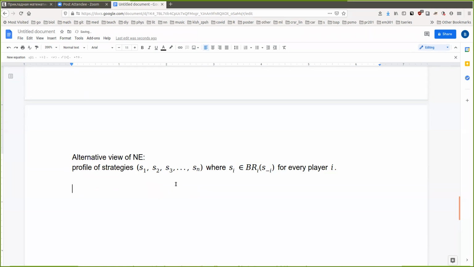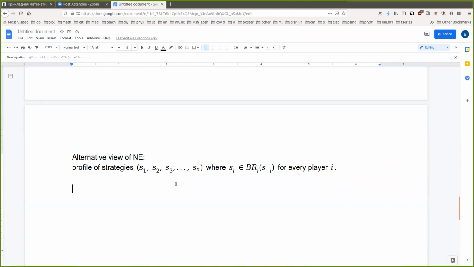Now let's introduce a little bit of probabilities into our setup. We will introduce mixed strategies. Sometimes we will allow players to randomize: not only can you choose A or B, but you can choose A with probability 0.3 and B with probability 0.7.